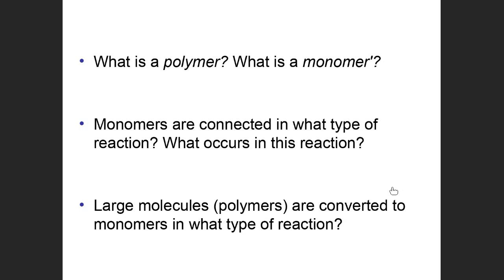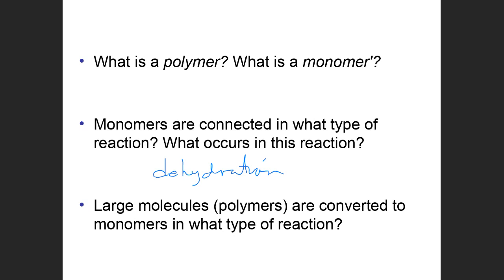Monomers are connected in what type of reaction? So how do you join two monomers together? Hydrolysis? To join together? Right, a dehydration reaction. That's how we join molecules together, or the monomers together, is with dehydration reactions. So water actually gets formed.